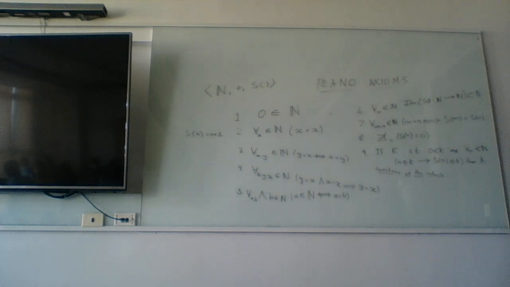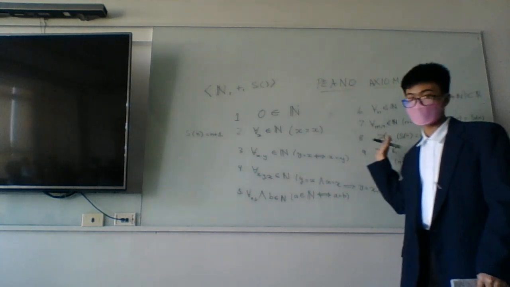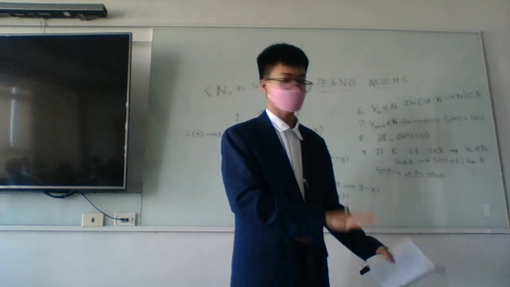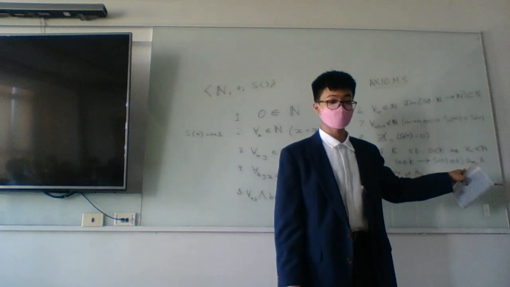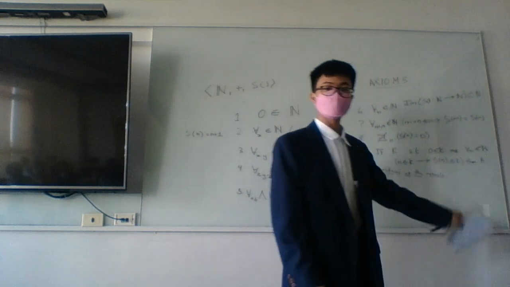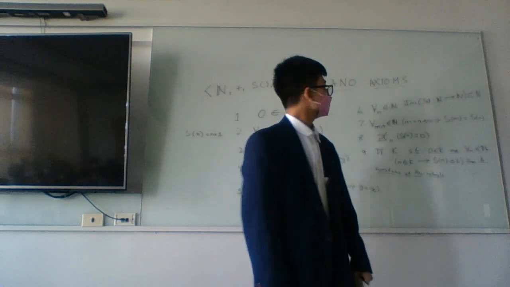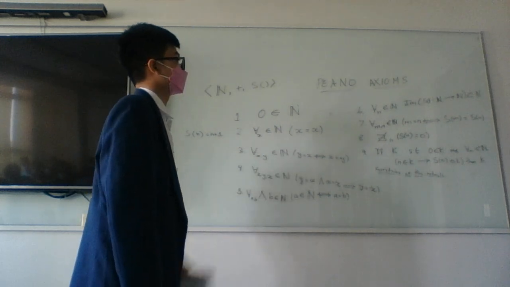So we're basically saying that if I have some set K such that 0 is inside it, and a natural number inside it, say 1, and that natural number has a successor that's inside K, then K immediately contains all the naturals. So all of this is Peano's axioms, or the Peano axioms.